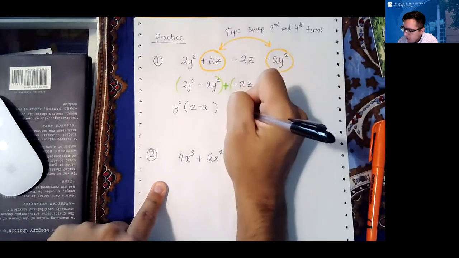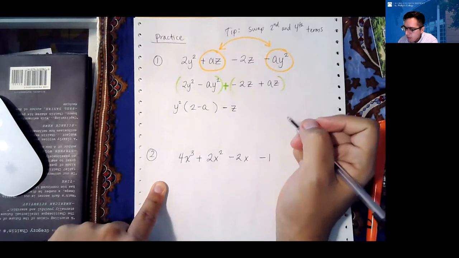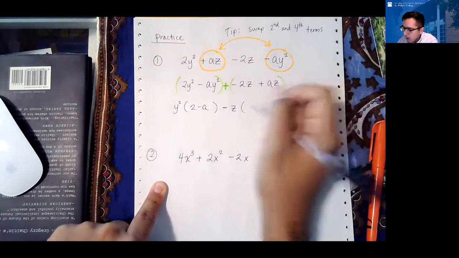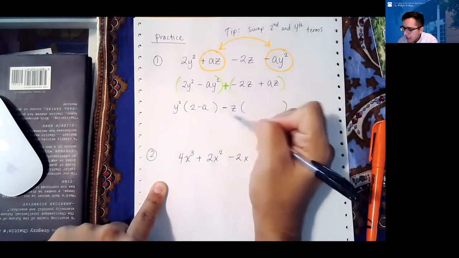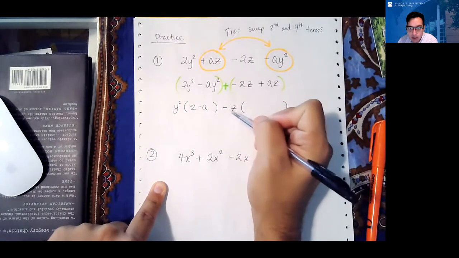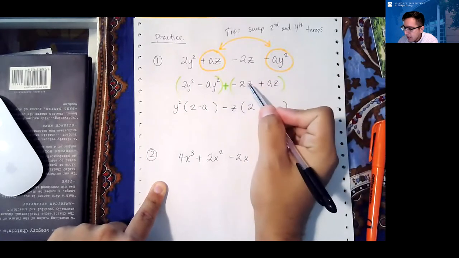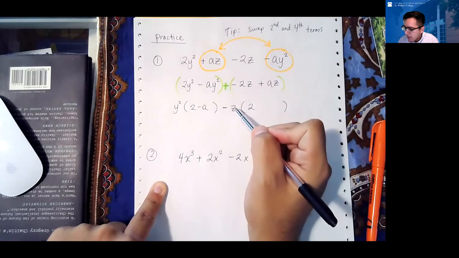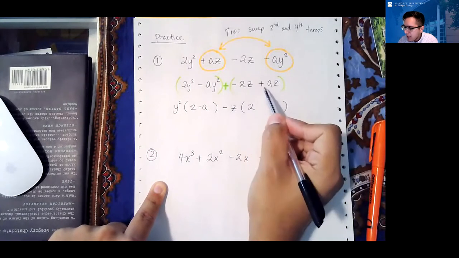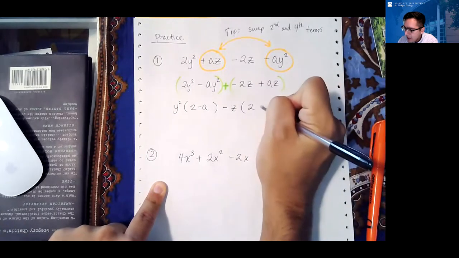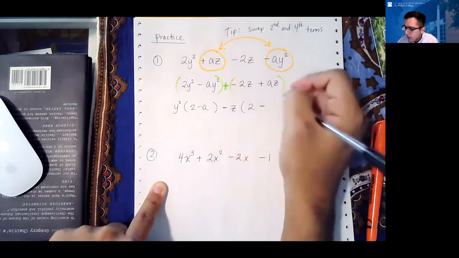We're going to factor out a negative z since they have a z in common. If we want to multiply that negative z back in to get our original statement, well, we already have the negative sign here, so we only have to multiply this by a 2 to get this original term back. Similarly, we have a negative number here that we need to multiply by something to get a positive. So that has to be a negative, since a negative times a negative gives you a positive. And the only thing that we're missing is our a.